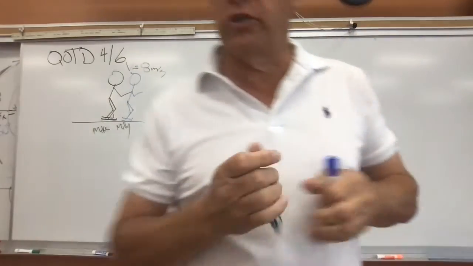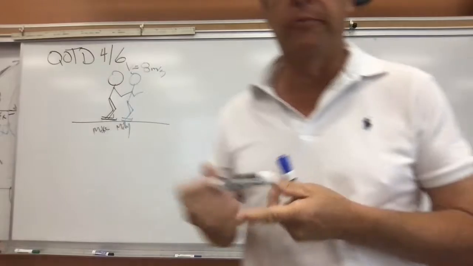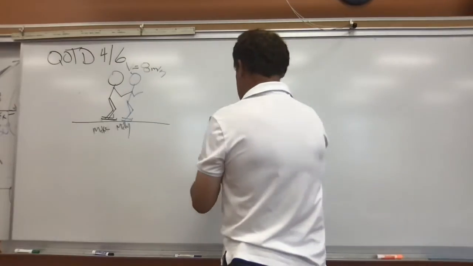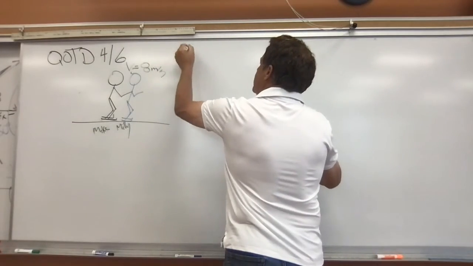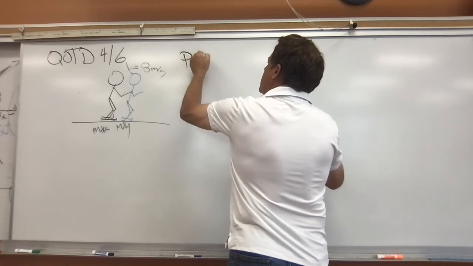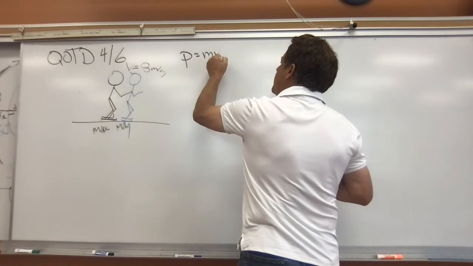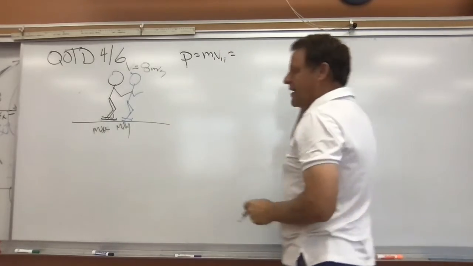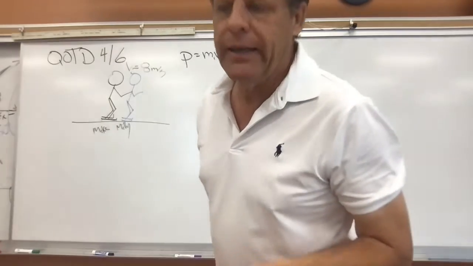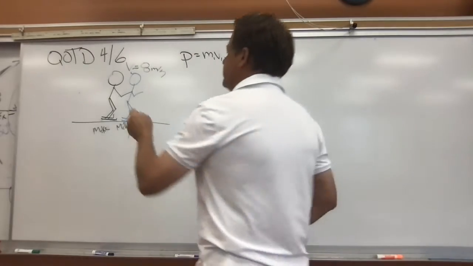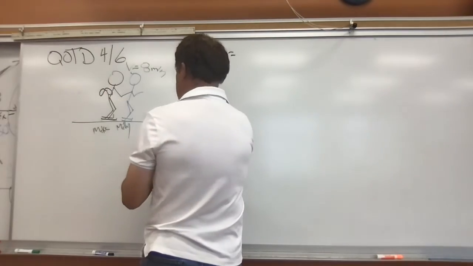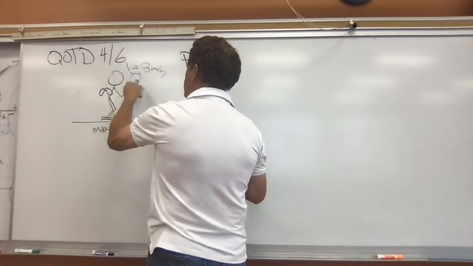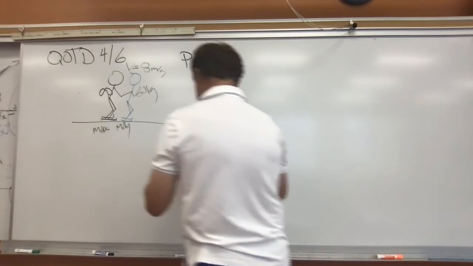The first question says, what is the momentum of Mike beforehand? Momentum is going to equal m1 v1. The mass of Mike is 90 kilograms, and Millie was 60 kilograms.